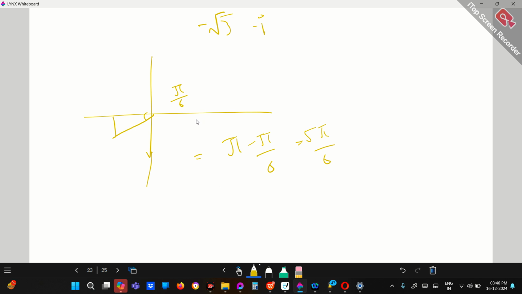And the fourth sum is root 3 minus i, right? Root 3 minus i will be here, theta will be here, it is equal to minus pi by 6, okay? I hope you also understood this question.